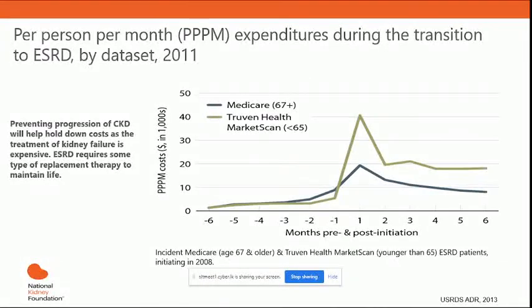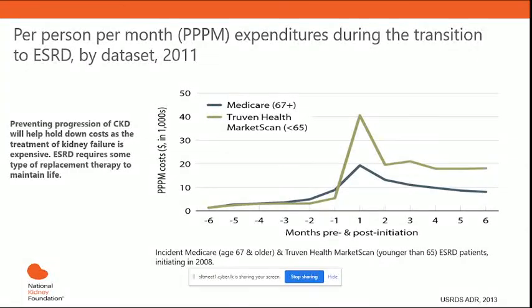Then this is the per person per month expenditure. So if you are a patient with chronic kidney disease at a pre-dialysis stage, your cost per month is about $5,000 or less.